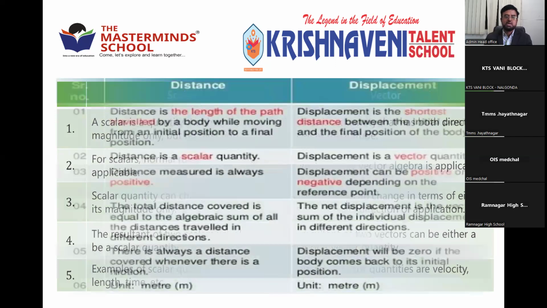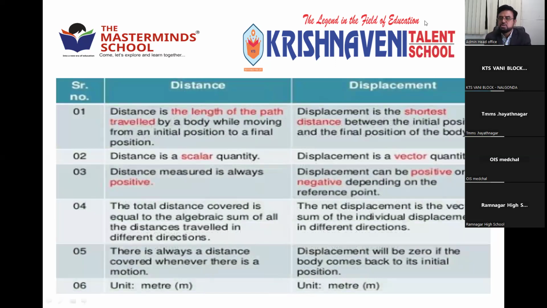Then we discussed the terms which come across during the motion of a body. When a body is in motion, it is changing its position with respect to surroundings or time. It covers some distance or it goes for displacement. These are twin words which sound the same.